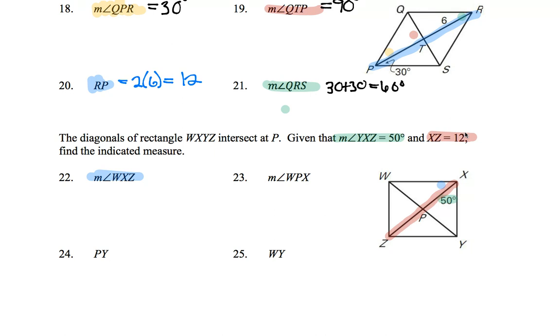So since it's a rectangle, we have 90-degree angles at the vertices. So X has to be 90. So that means this must be 90 minus 50, which is 40 degrees.